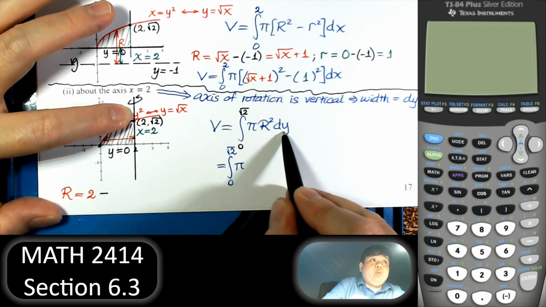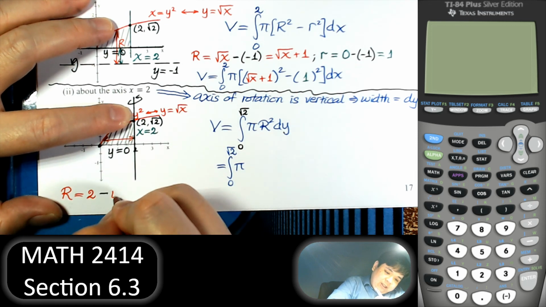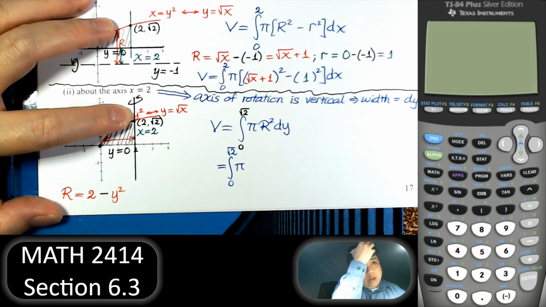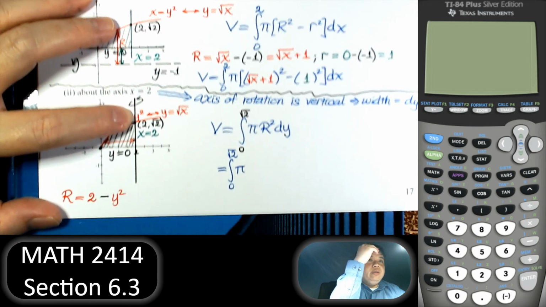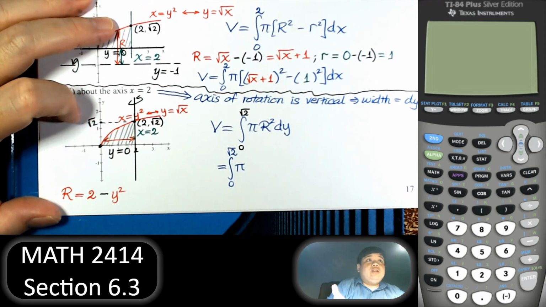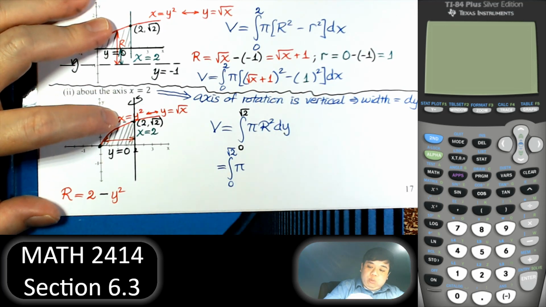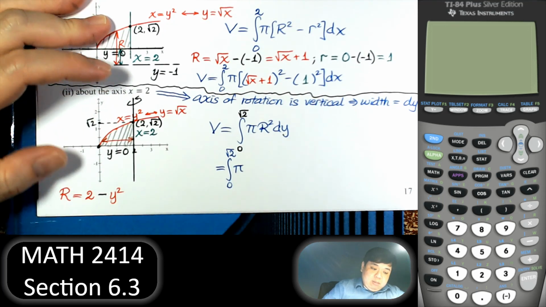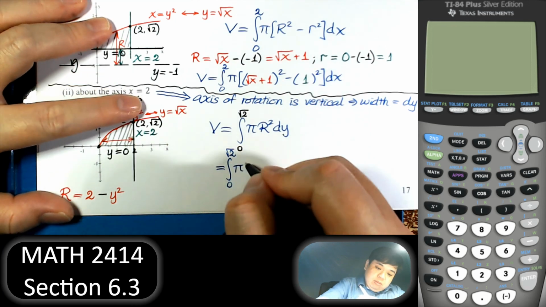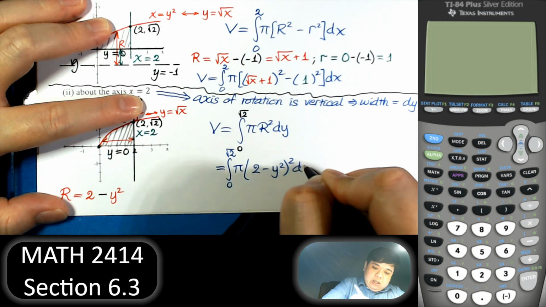So we're going to use y squared. So once again, if it is dx, we use the function in terms of x. If it is dy, use a function in terms of y, which is what we do here. So we have 2 minus y squared. And bottom line, this is just pi times (2 minus y squared) squared.